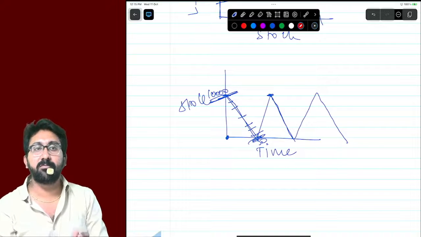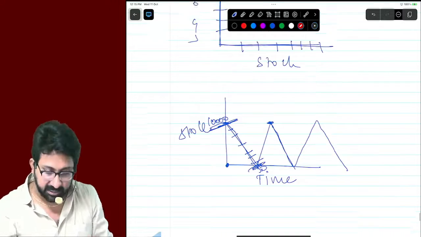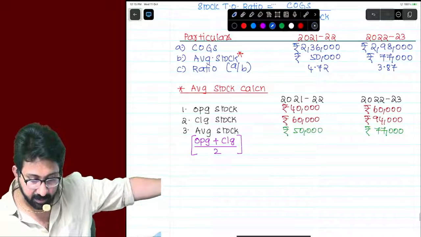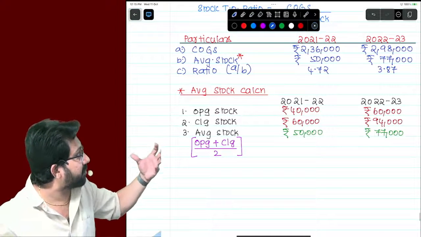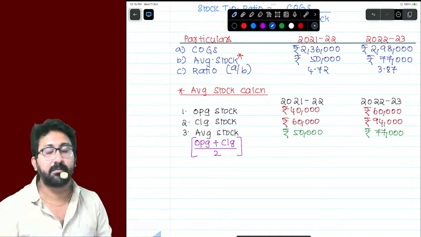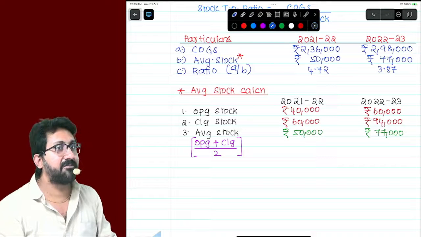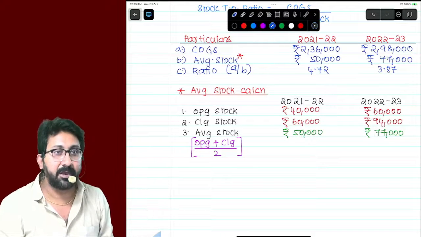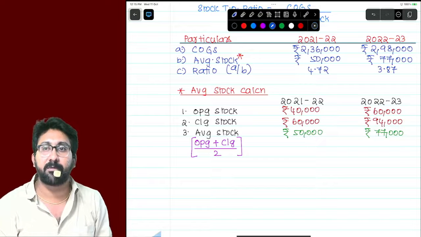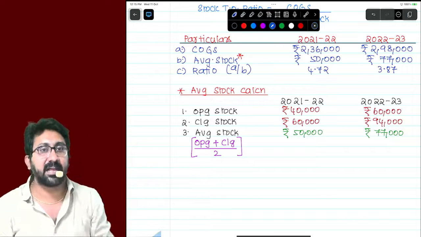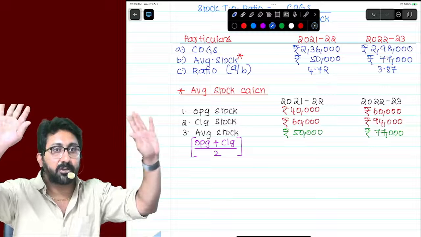In our question I am talking, 4 rupee worth cost product we are manufacturing. But for the same 1 rupee in the next year, we are manufacturing goods worth how much? 3.87. We are underperforming or overperforming? Underperforming. That's the answer. Hopefully everyone understood the meaning of that.